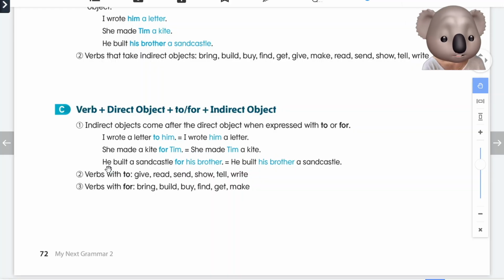For Tim. When we see the verbs give, read, send, show, tell, and write, we need to use to. For example, I give my homework to the teacher. for가 아니잖아요. When we see the verb bring, build, buy, find, get, make, we need to use for. I bring cookies for the class, not to the class.